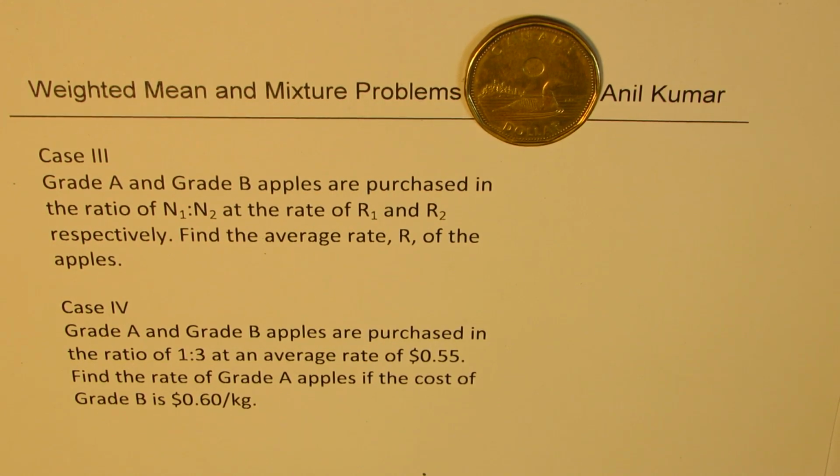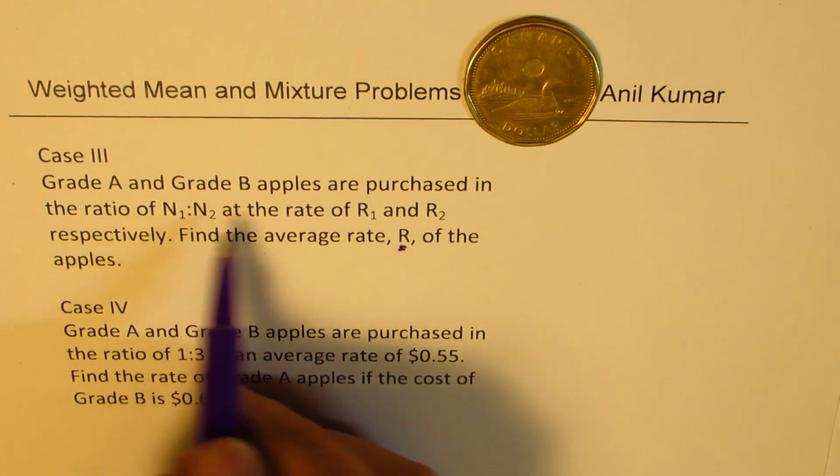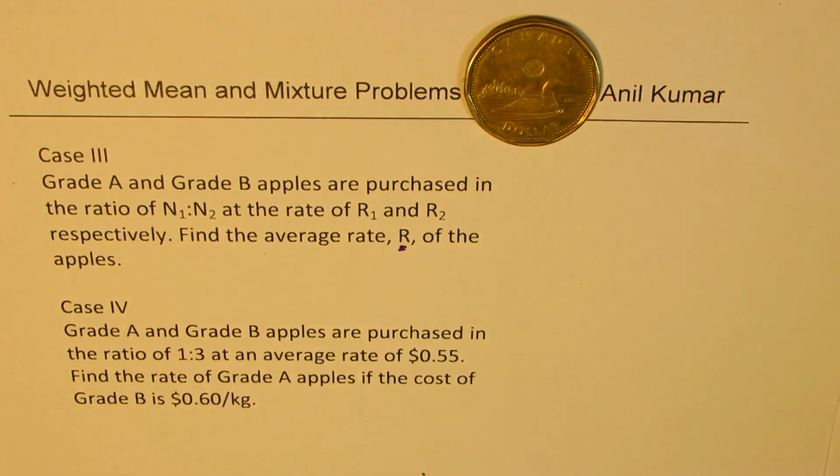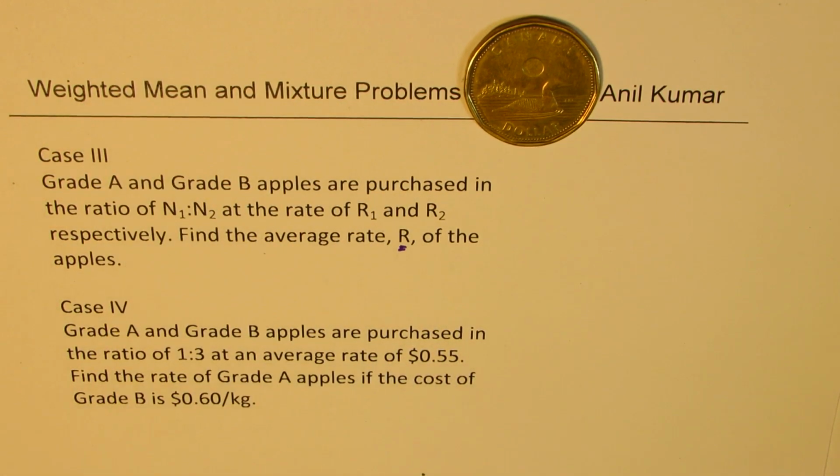So we can derive a formula from here. You get the idea, right? So we need to relate the average rate with the quantity and rate for individuals. At present, we are taking 2 grades of apples, but we could extend it to many more, correct? That's the whole concept, which you understand from weighted mean also, right?